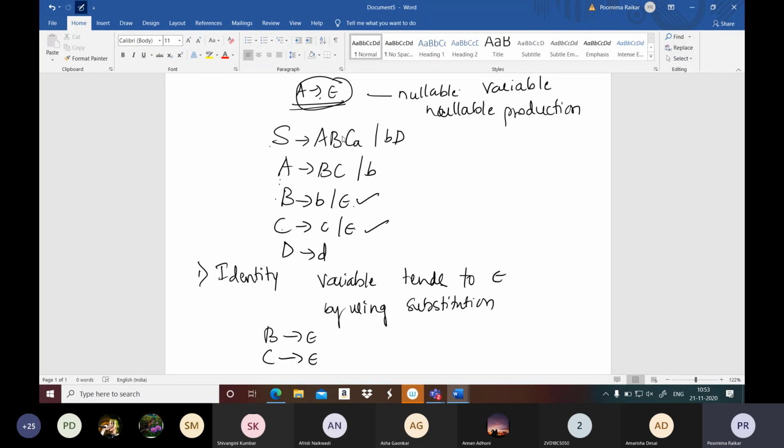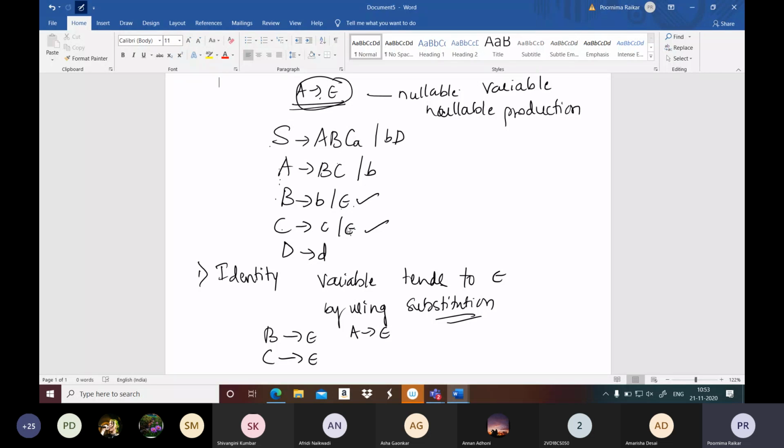If you observe for A, B, C is given. B can be substituted with epsilon, and C also can be substituted with epsilon. That means A also tends to epsilon. This way of substituting the variable with its corresponding grammar, I call it substitution.